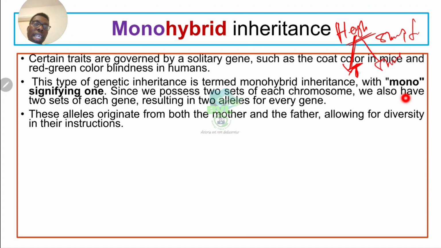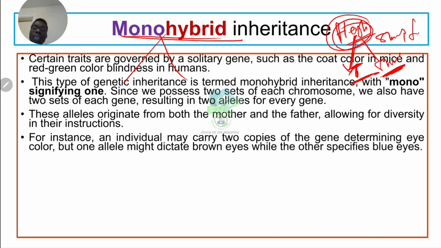So tallness will be represented by an allele, and shortness will be represented by another allele. But bear in mind that they are still referring to just one trait. Say, for example, eye color, even though eye color is not just two versions. Just know that with monohybrid, even though it's one trait, you have two versions, two expressions of it. That's why you need to remember the word alleles very well.